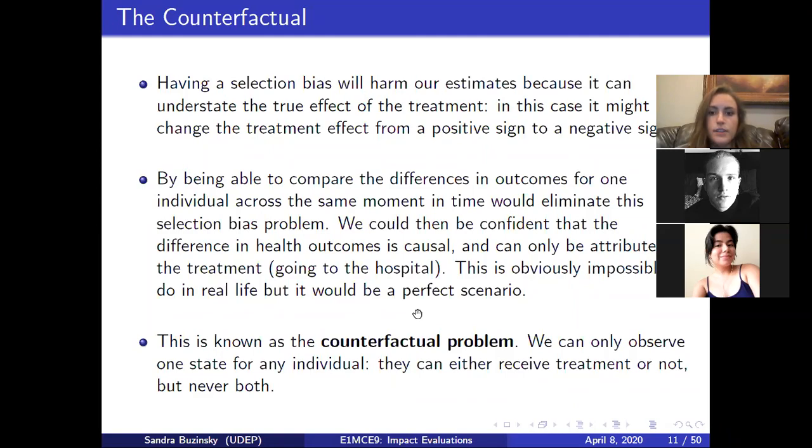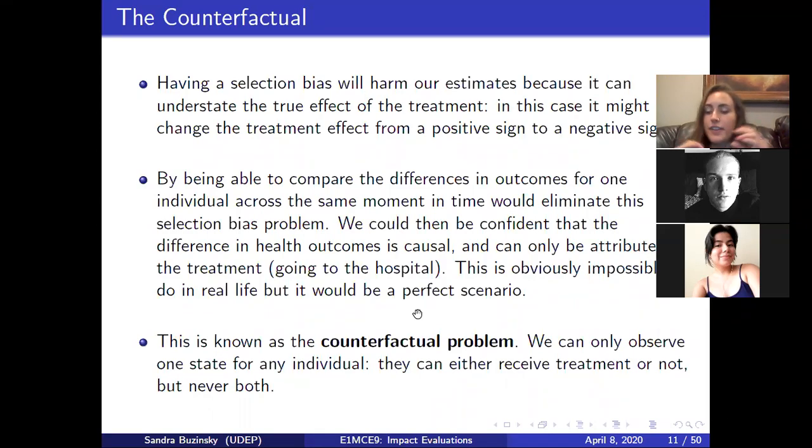Okay, so being able to compare the differences in outcomes for one individual at the same moment in time would eliminate the selection bias problem. So we talked about this. If we had one individual in the same moment, let's say we cloned ourselves. So there's two Sandras here, and one of me goes to the hospital, and one of me doesn't go to the hospital.